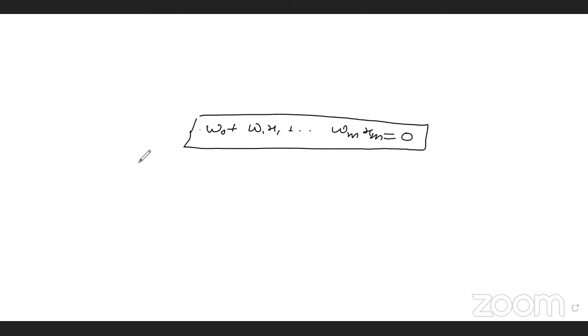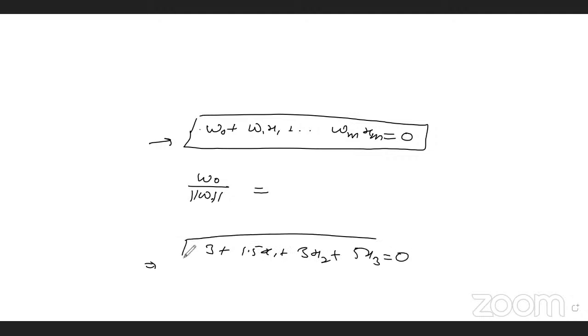Let's say for a particular example, your surface is 3 plus 1.5 x1 plus 3 x2 plus 4 x3 equal to 0. This is your hyperplane, and you need to find the distance of this surface from the origin.